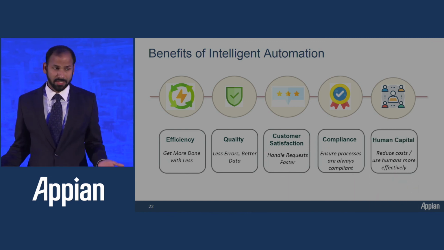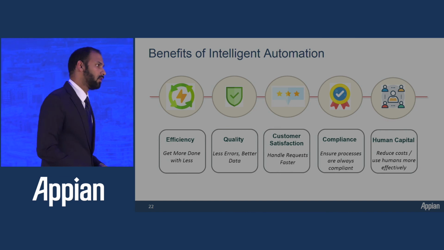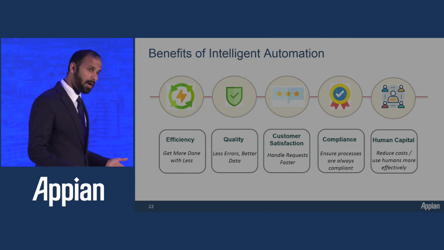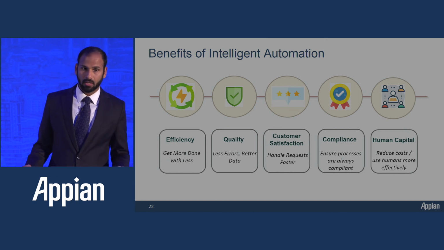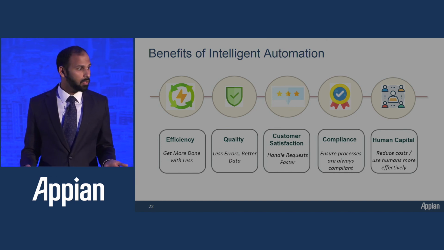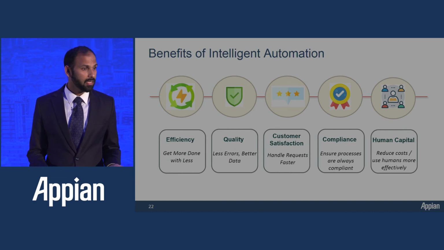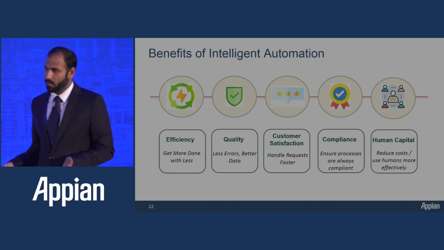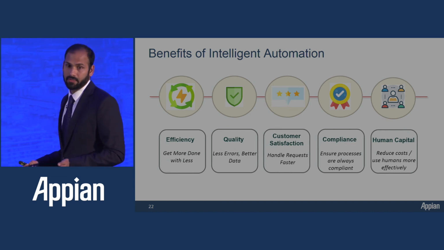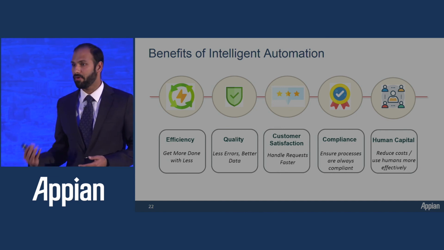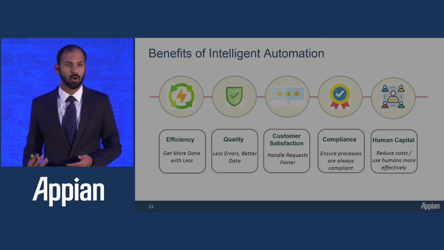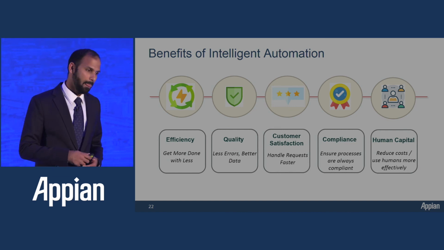My last slide is about what you get out of this. So intelligent automation is great, but what is the real benefit of it? And it falls into 5 categories from my point of view. So the first and foremost thing is efficiency. You allow your team to work more efficiently, end to end. You increase the quality of your service, the quality of your data, the quality of information that you hold and process within your organization.